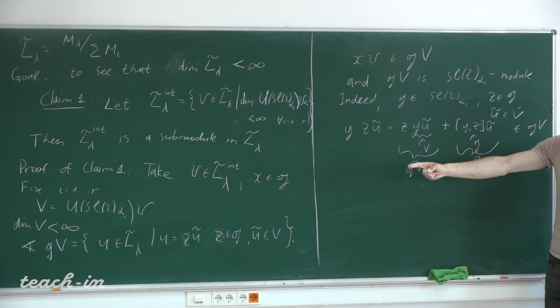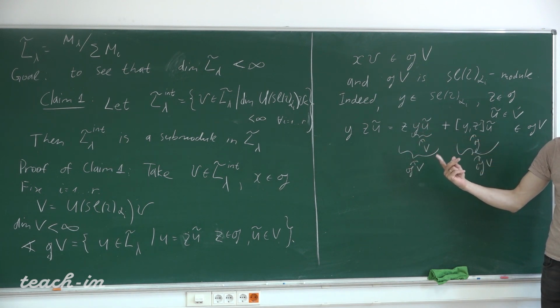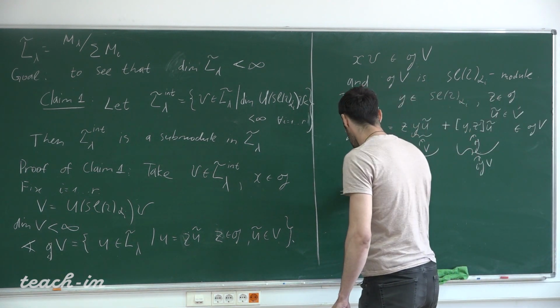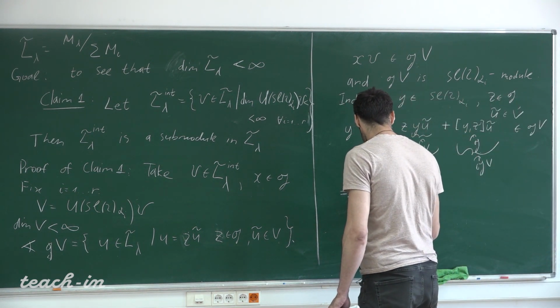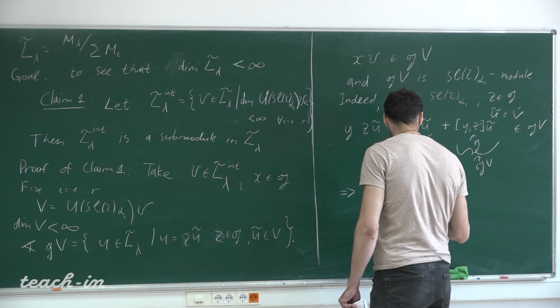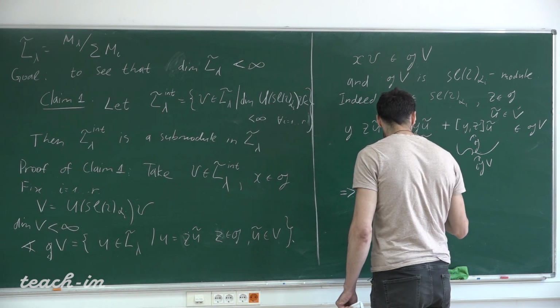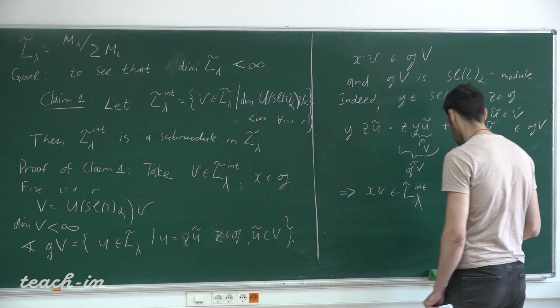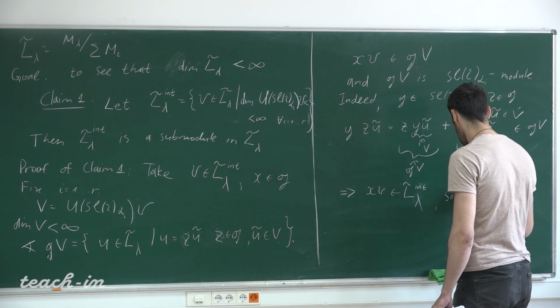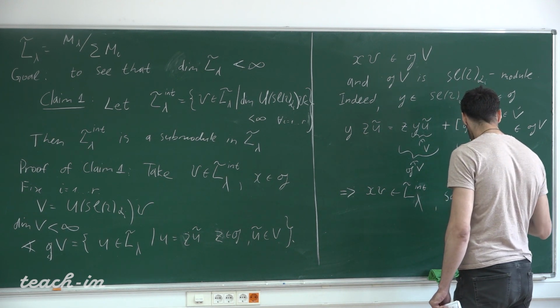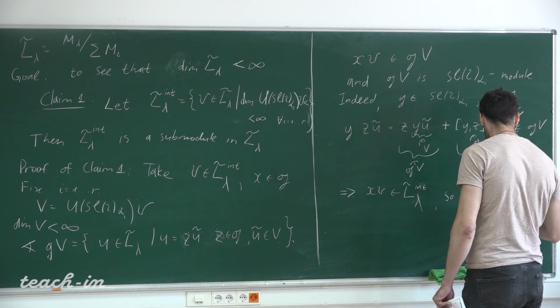And actually, this is for arbitrary I from 1 to R. And this means then that XV is inside L integrable tilde lambda. So the claim is proved. Claim 1 is proved.